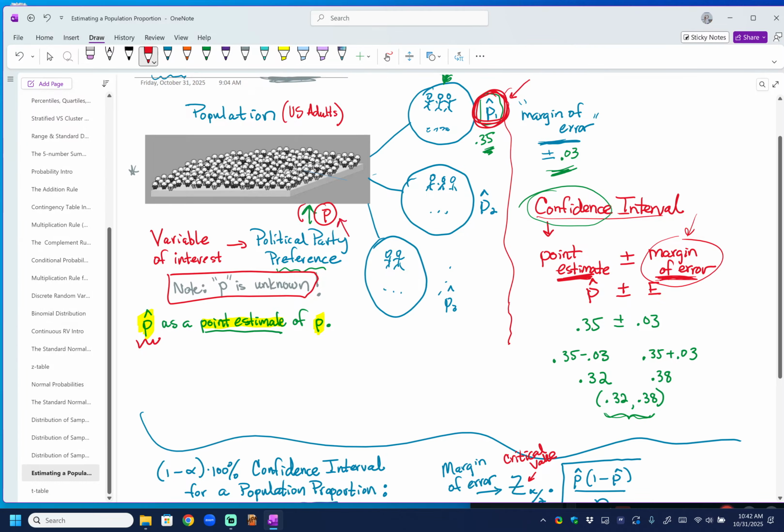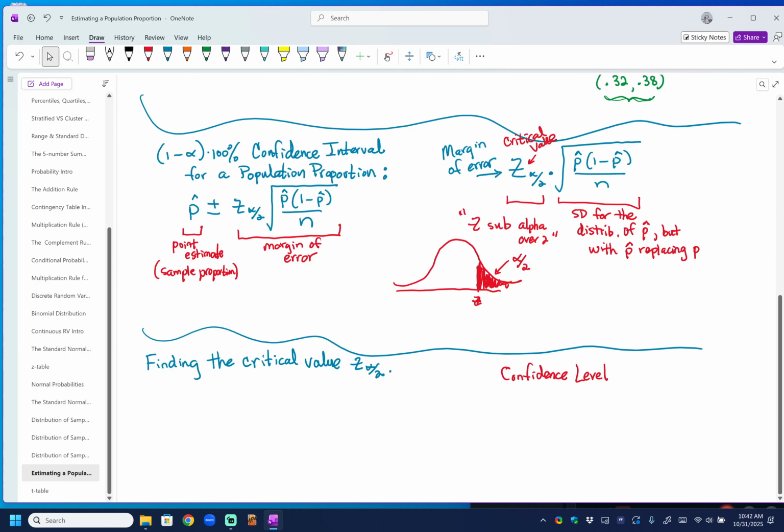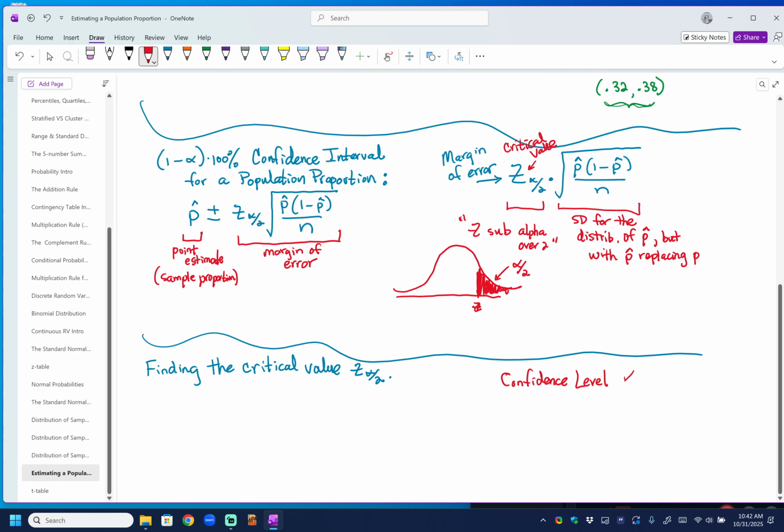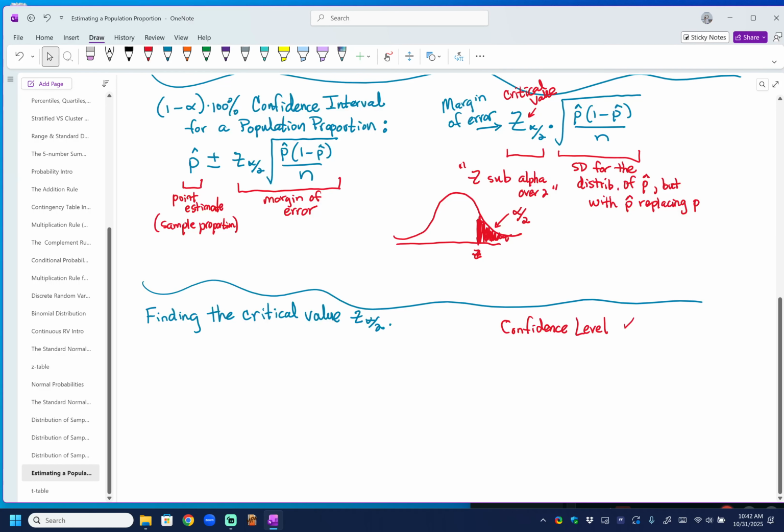There's no way, given the error involved in this, with only a small part of the sample, that we're going to be 100% confident in the results. Therefore, this confidence level right here is going to give us the exact confidence that we have in our results, specifically in our confidence interval.